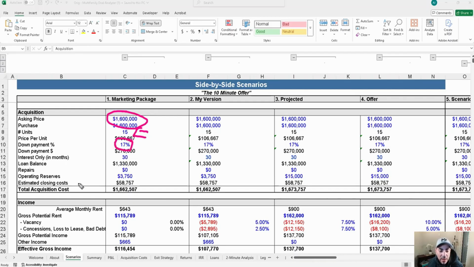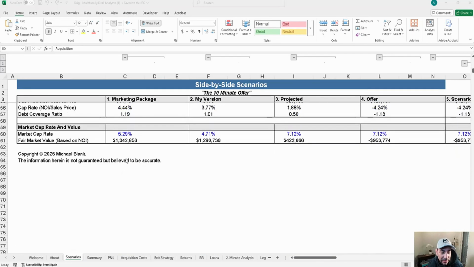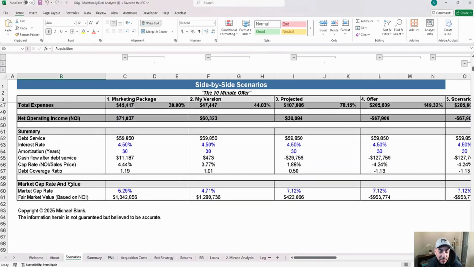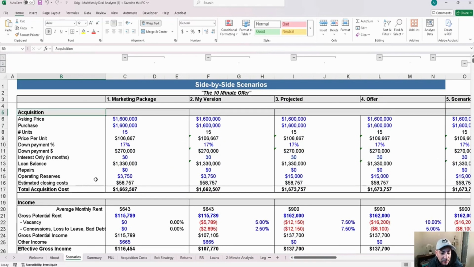The reason why we are doing a 17% down payment is because the seller financed this deal, and he's asking for $270,000, and he's offering 30 months interest only, meaning that our loan balance is going to be $1,330,000, at a 5.5% interest rate, which is amazing.